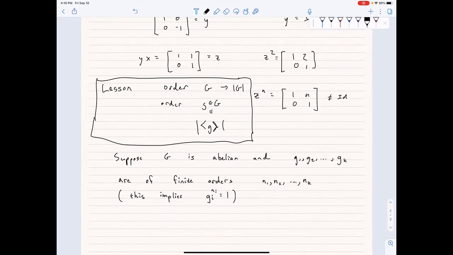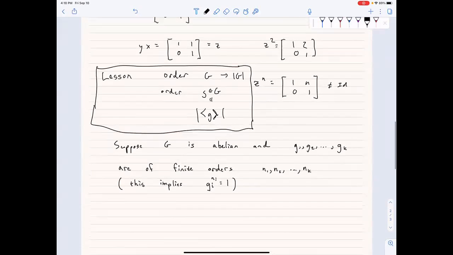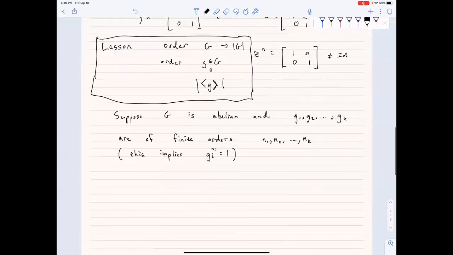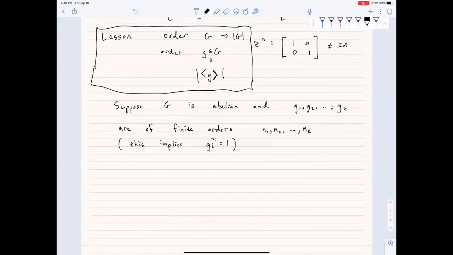We just need to find some positive integer that does this job. Like -1 to the 10th power is 1, but the order of -1 in the multiplicative group is 2, right? It's the smallest one.